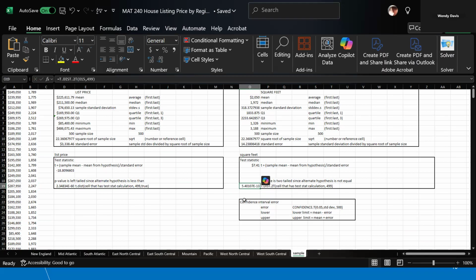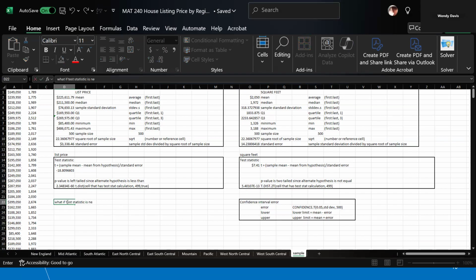Now, what if your test statistic is negative for the two-tailed test? For some reason, Excel is kind of strange. You can do two things.